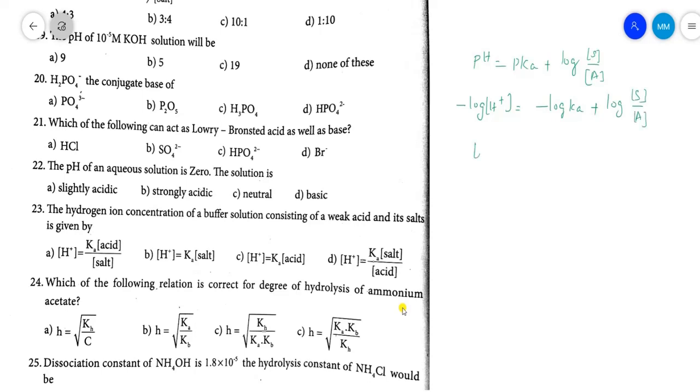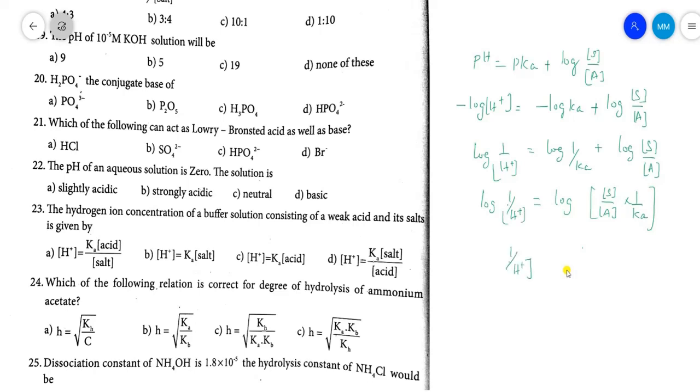Otherwise, log 1 by H plus ion concentration is equal to log 1 by Ka plus log salt concentration by acid concentration. By removing the log, this is equal to log of salt concentration by acid concentration into 1 by Ka. So 1 divided by H plus ion concentration is equal to salt concentration divided by acid concentration into 1 by Ka.